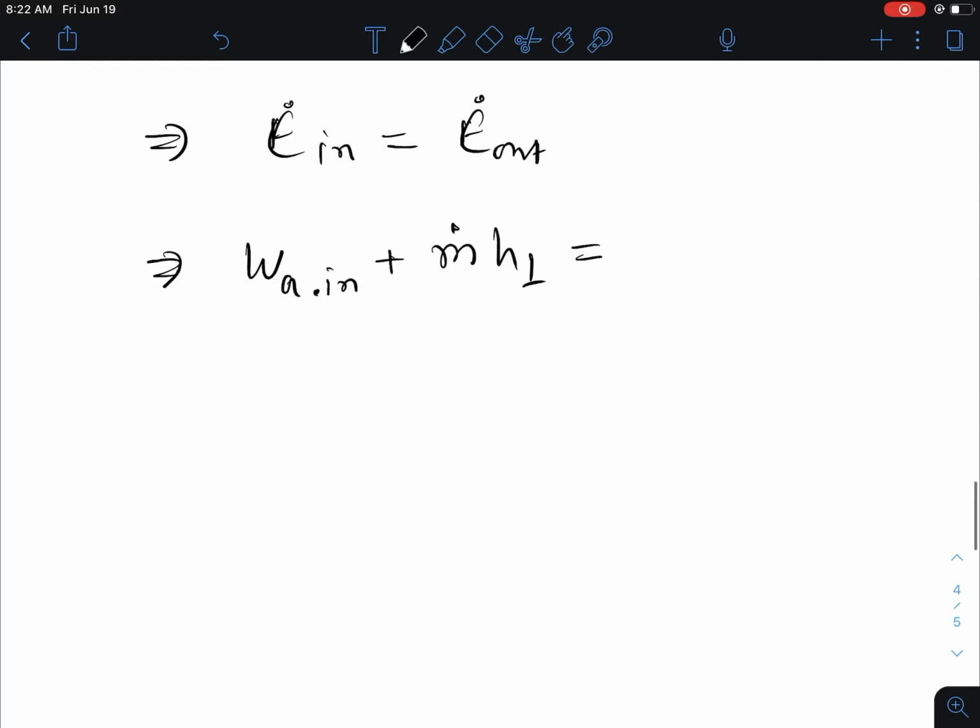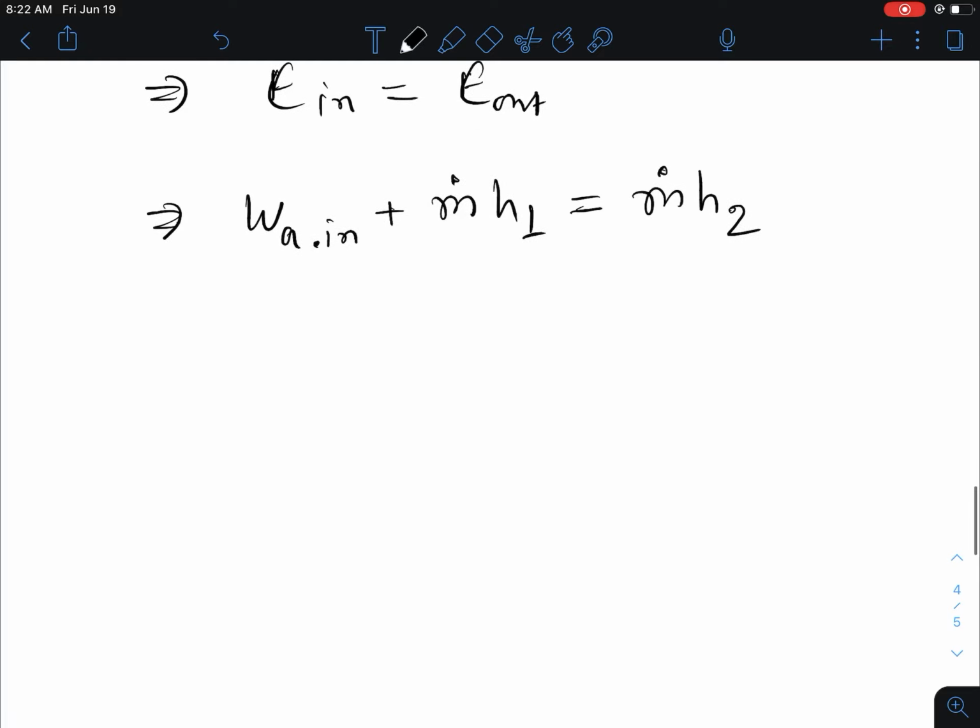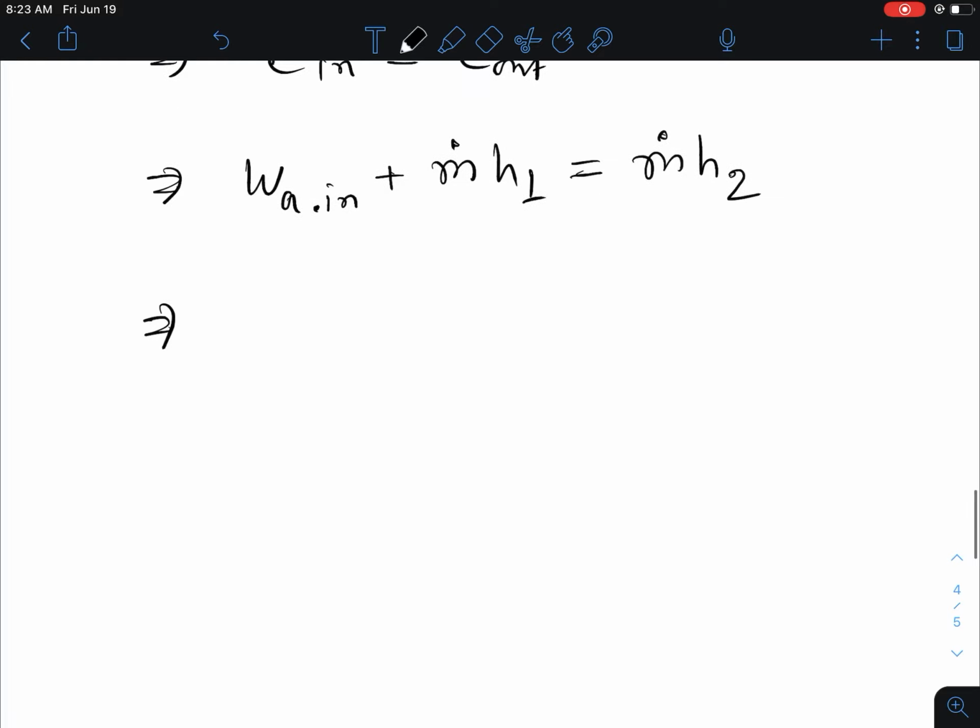And then the outgoing energy is the energy that was taken by that refrigerant at superheated condition, which is m prime h2, right? So then we can calculate the actual energy input for that compressor, which equals m prime of h2 minus h1.